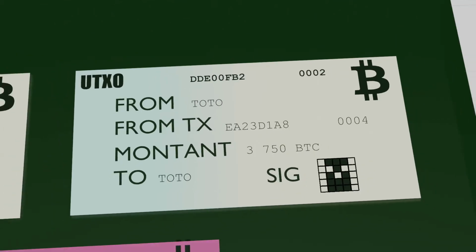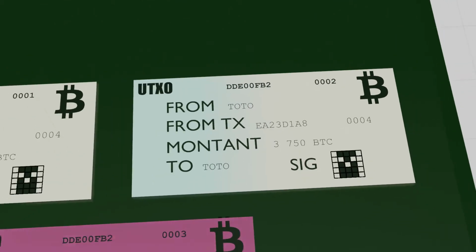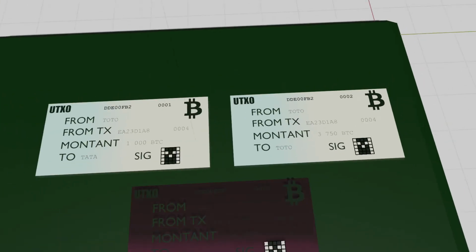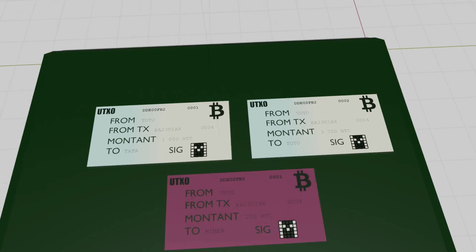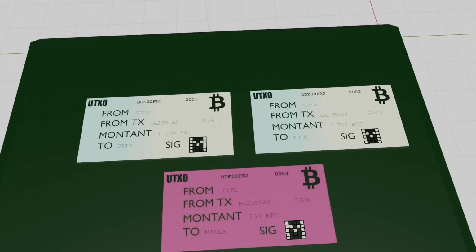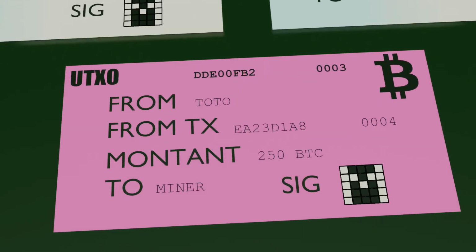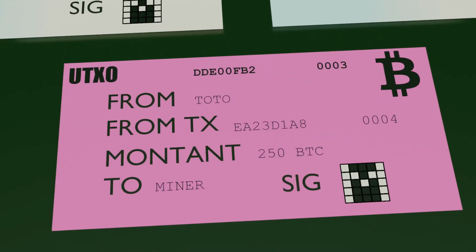Notice that Toto has left out some value from the original UTXO's total value. This amount will be held by the system as transaction processing fees and recorded automatically as a separate UTXO.